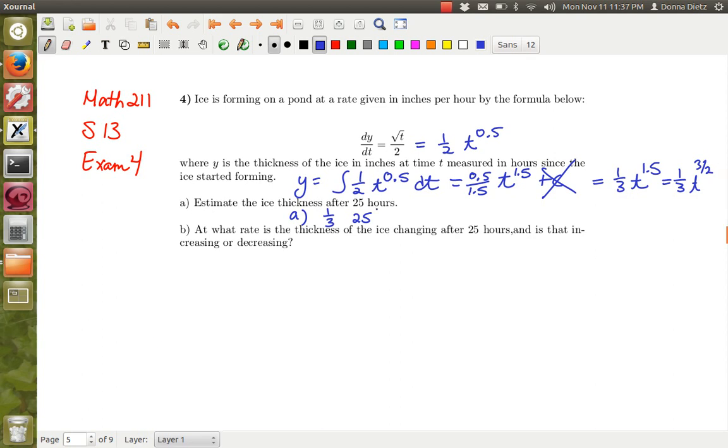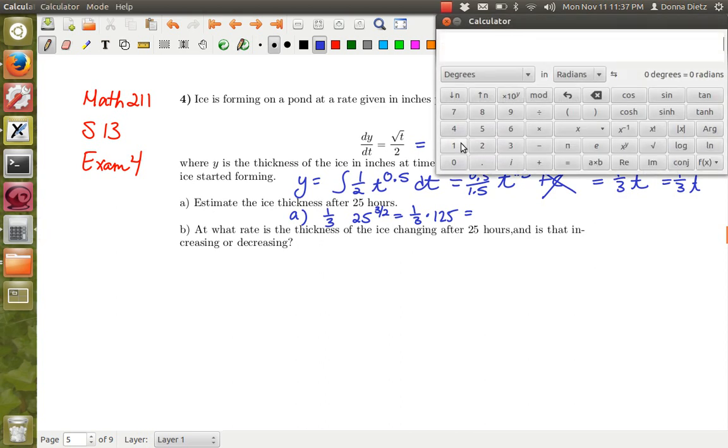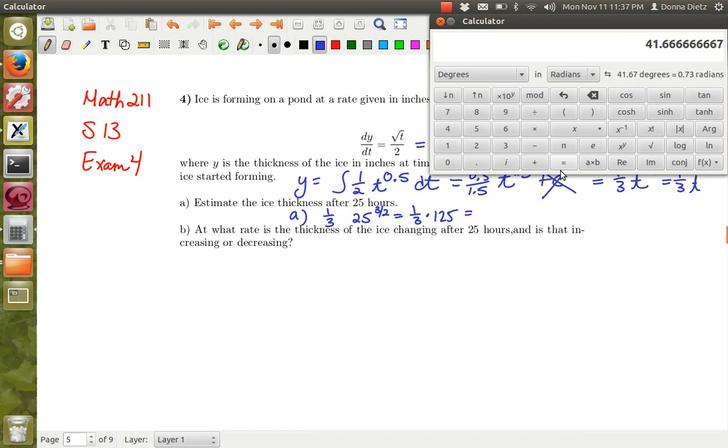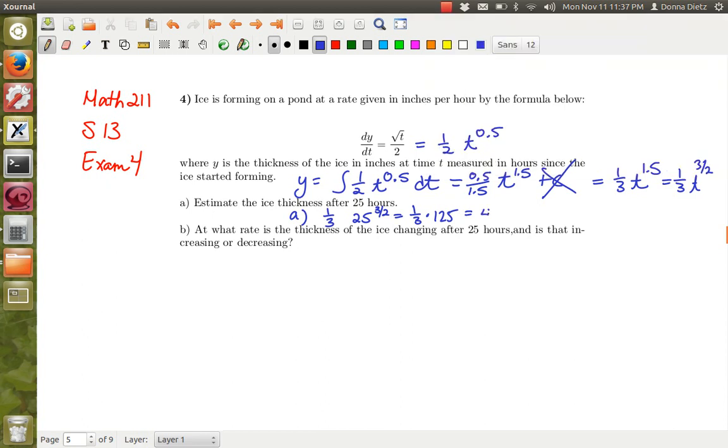Okay, so 25 to the 3 over 2, this is one of the ones I told you have to convert. The square root of 25 is 5. 5 cubed is 125. So 125 over 3, 41.6. Okay.